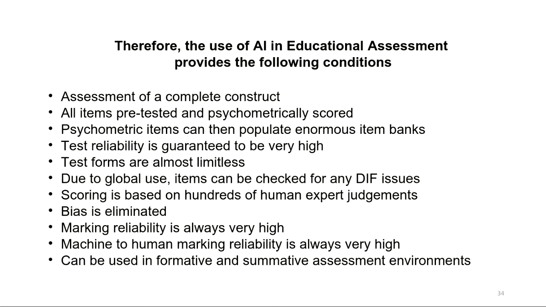All those items have been pre-tested and psychometrically scored, so we know, A, that they're going to work, and also how difficult and demanding they are. We use item banks, so it's very unlikely you're ever going to see the same question twice, and in a testing environment, everybody on their separate workstations is going to get a different version of the test. We know the test reliability is going to be high.